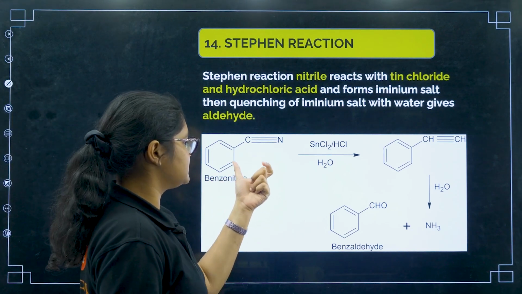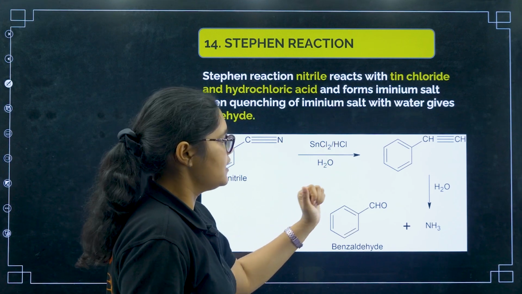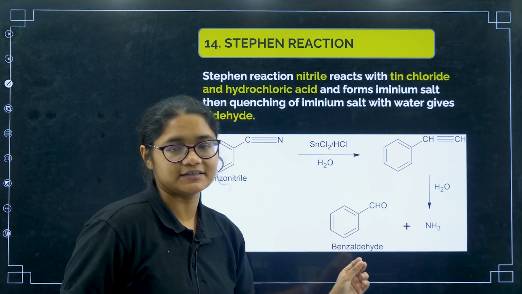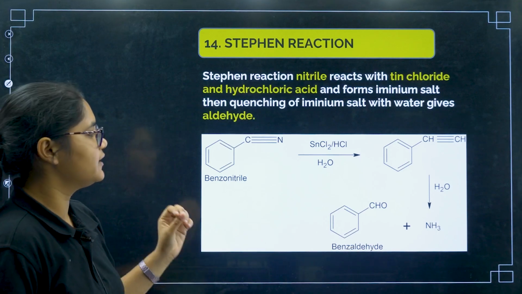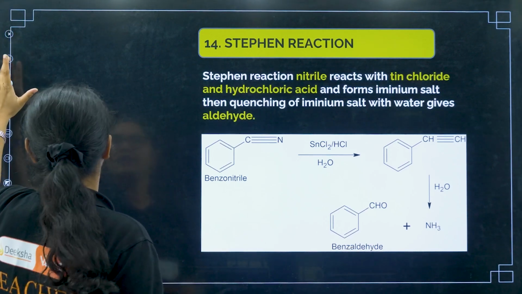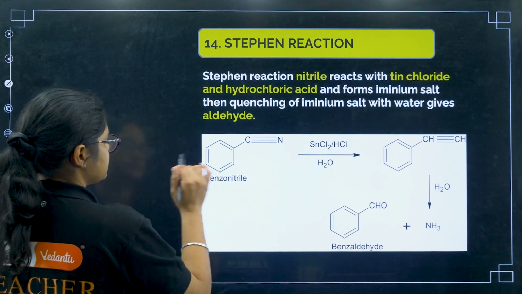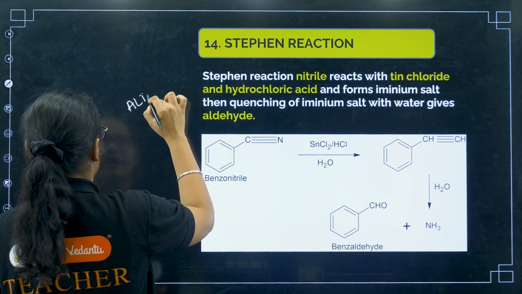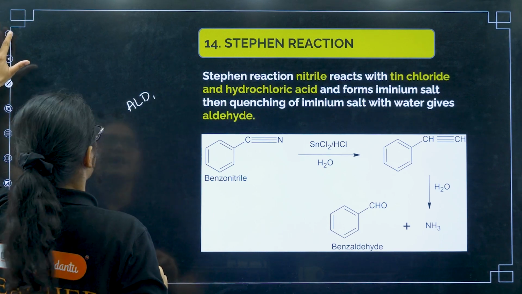So you have RCN with SnCl2 and HCl, we get this as an intermediate product, then finally we get RCHO. Stephen reaction. I didn't mention the chapter, so this is also for the preparation of benzaldehyde, so it is aldehydes, ketones and carboxylic acids.